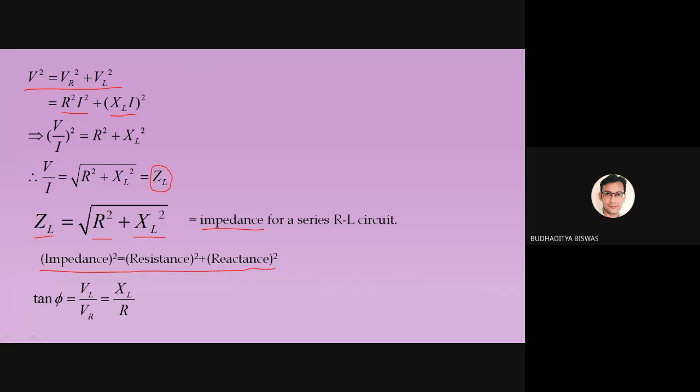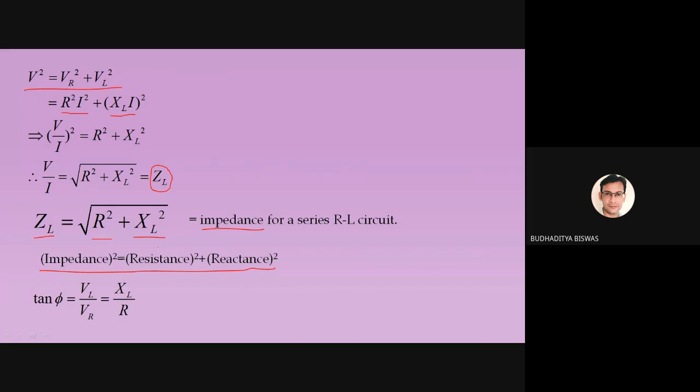So what is resistance? Resistance is the property of a coil or a conductor by which it opposes the current flow. What is reactance? Reactance also does the same thing, but what is the difference between resistance and reactance?